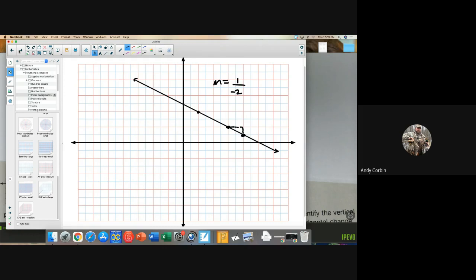Okay, I told you guys we'd come back to this. Let's talk about our vertical line. Let's pick 2 points on it and find the slope.